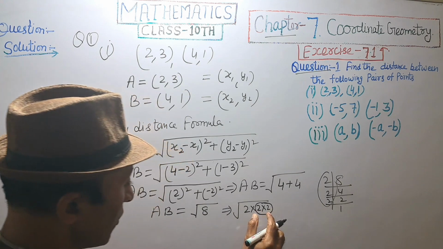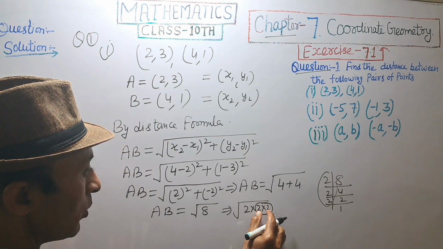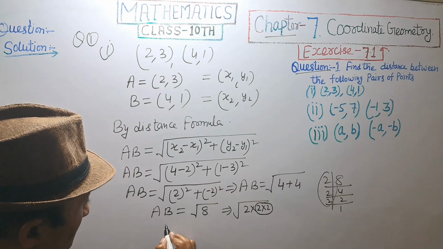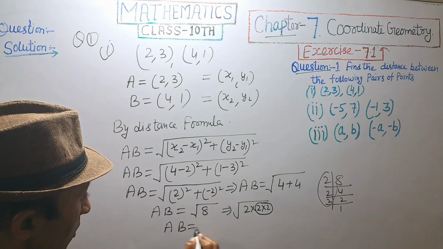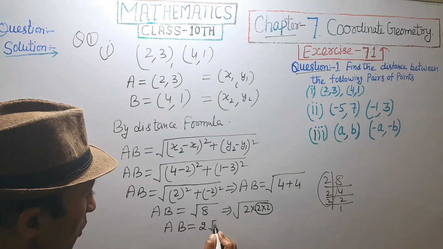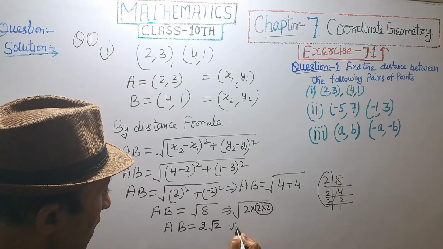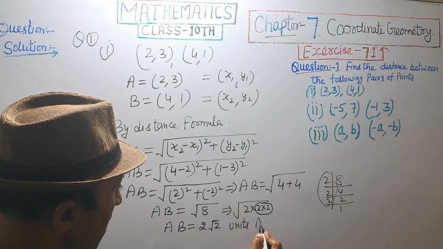Taking a pair of 2, one 2 is common, so AB is equal to 2 root 2 units. Answer.